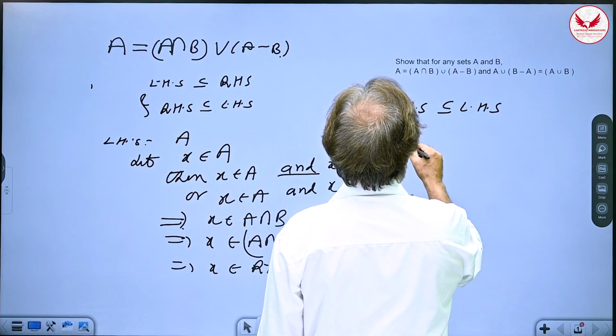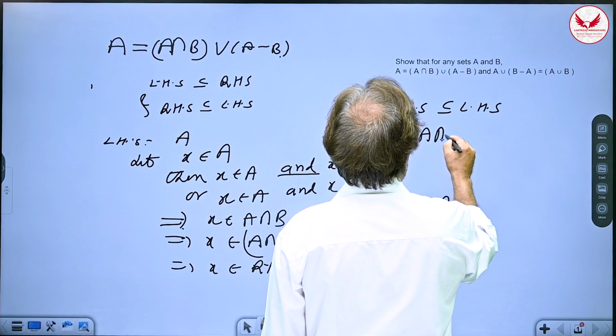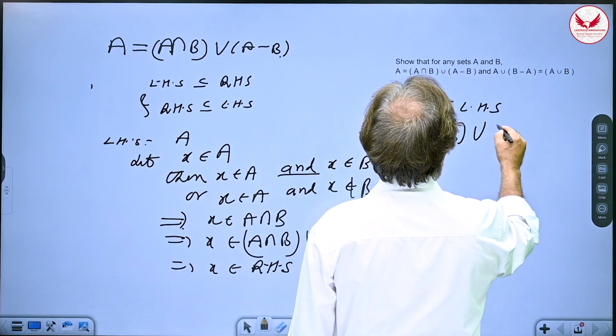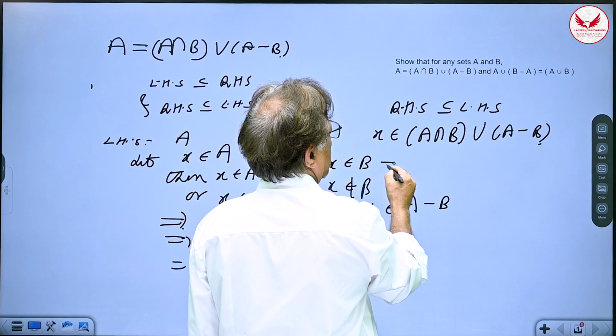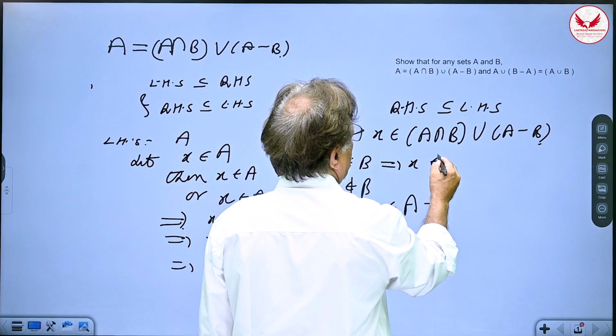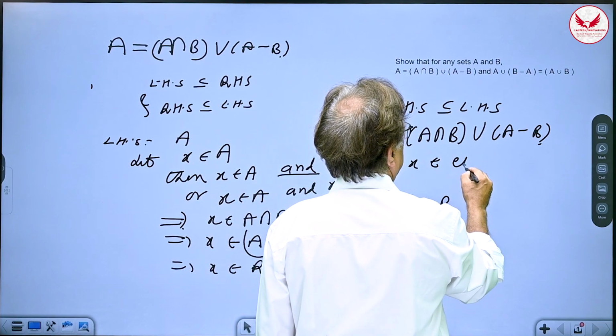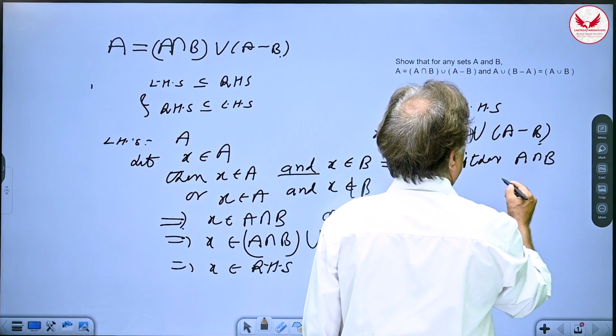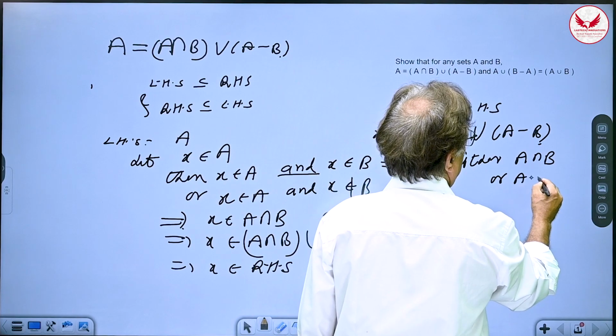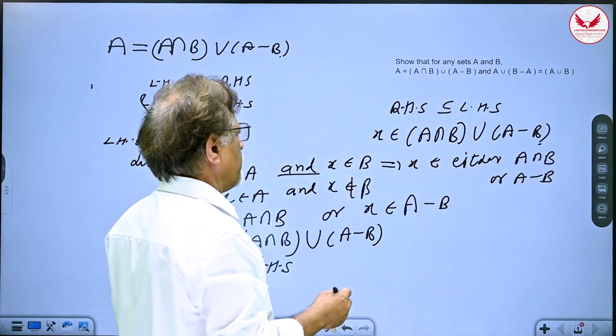So let X belong to A intersection B union A minus B. What does that mean? That means X belongs to either A intersection B or A minus B. That is the meaning of union.